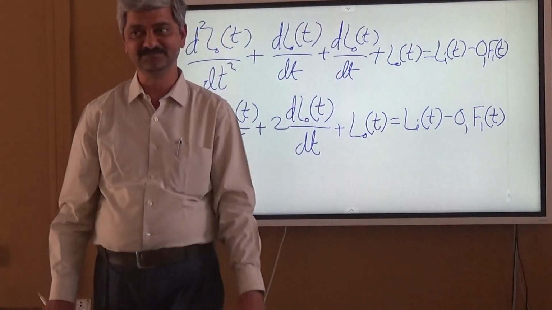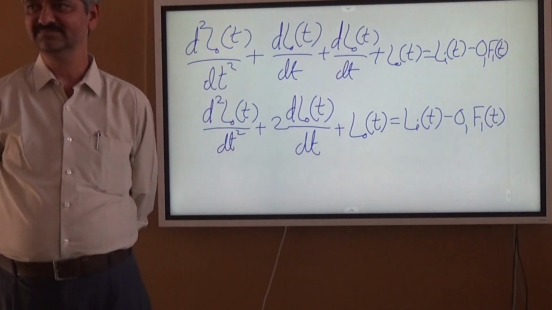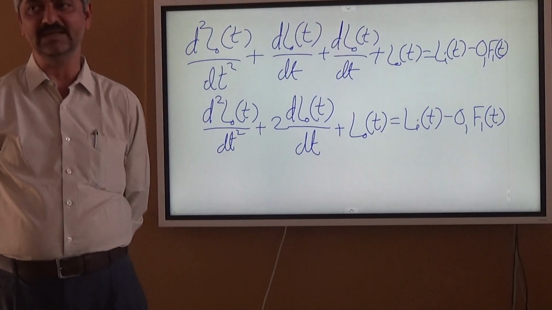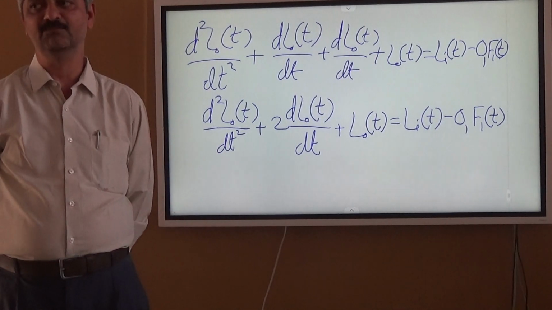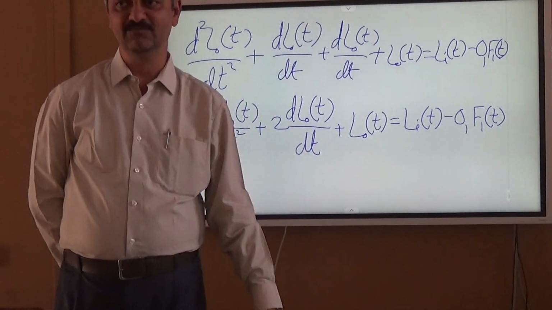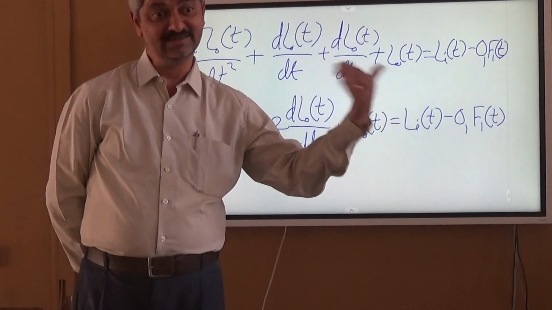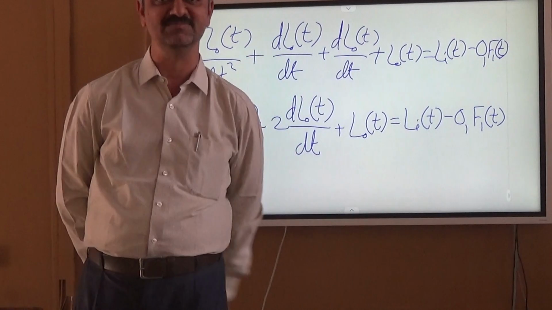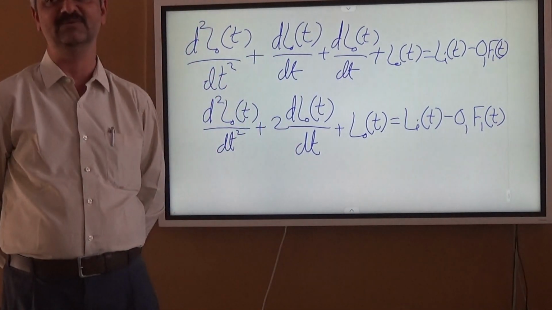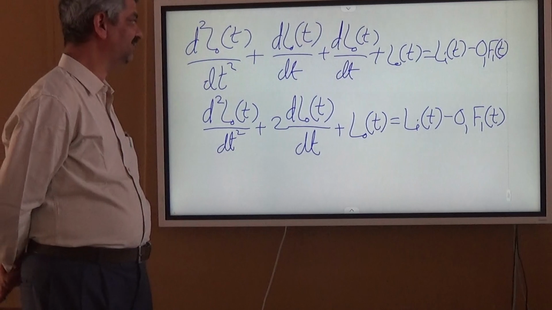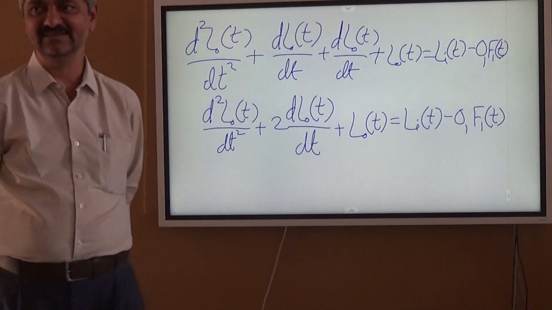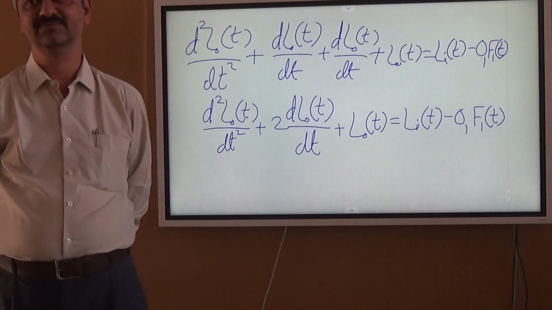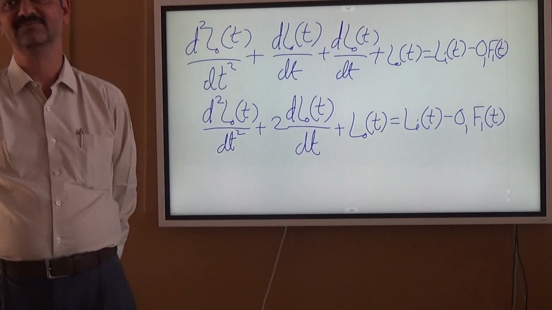What is F1T? F1T is the flow outlet, that is flow. So here your smartness matters. How can you effectively do that? And what is F1T? It will be area A into dLOT by dt.